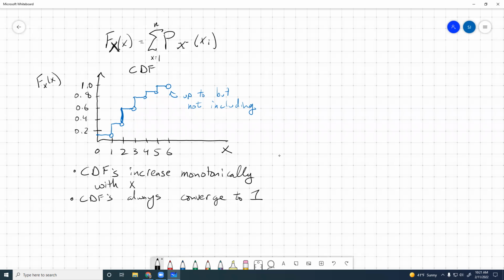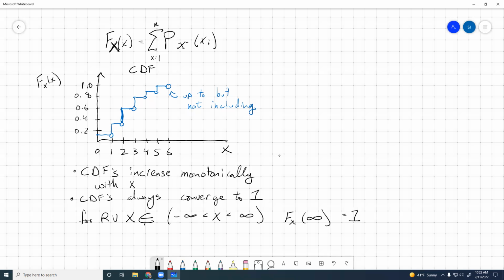And then we can just make this a little more broad. So for our random variable X, that is between negative infinity and infinity, if we plug infinity into that formula, then we're going to get 1.